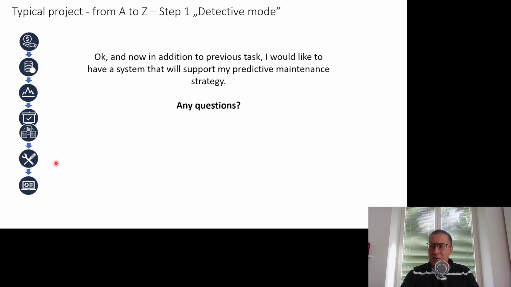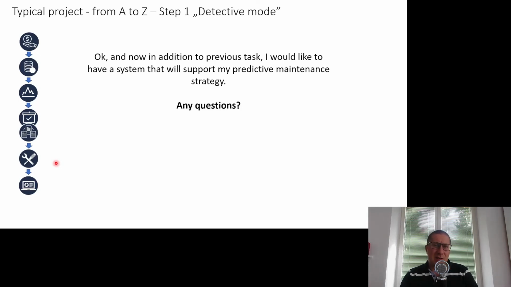Here it is very important to identify such devices and faults related to them that are crucial to the system, so that the cost of those failures is high. Because if it's low, then maybe the cost of implementation of a predictive maintenance strategy is too high. But if those are crucial devices, and we can predict those failures in advance, the application of a predictive maintenance strategy will pay off.